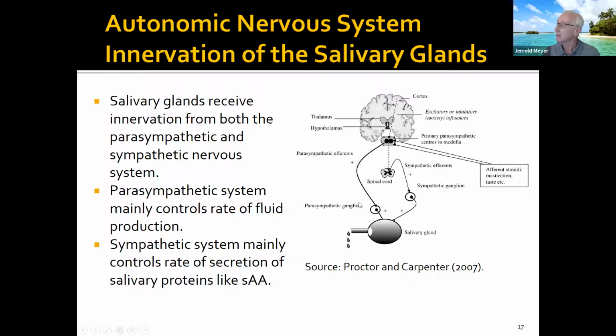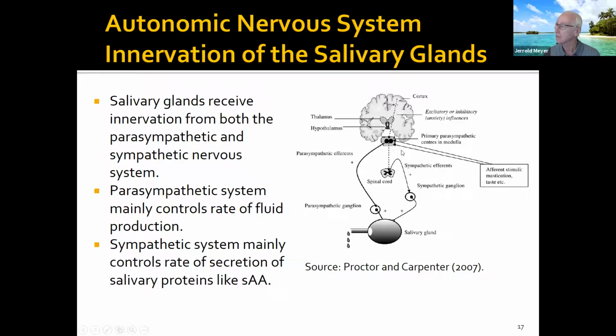Here's the salivary gland, here's the parasympathetic innervation, and here's the sympathetic innervation. The parasympathetic innervation is mainly responsible for controlling the rate of saliva production and release. Not entirely, but that's its main function.